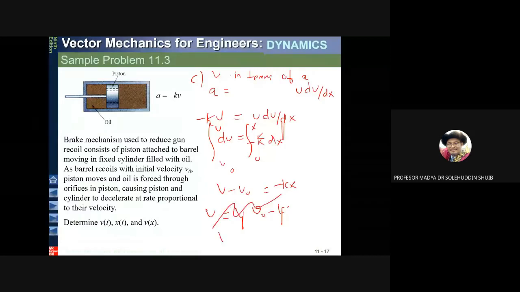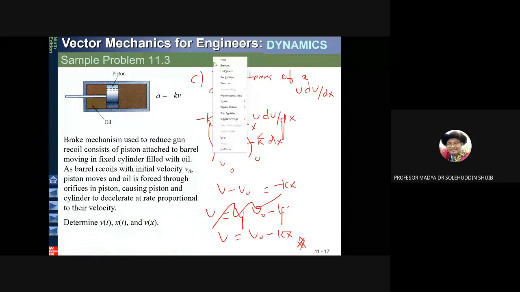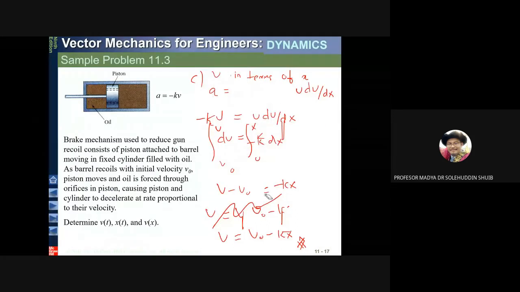So this is the answer for parts A, B, and C. This is an example of example 1.3.